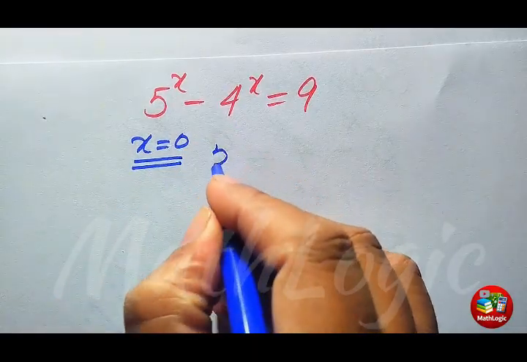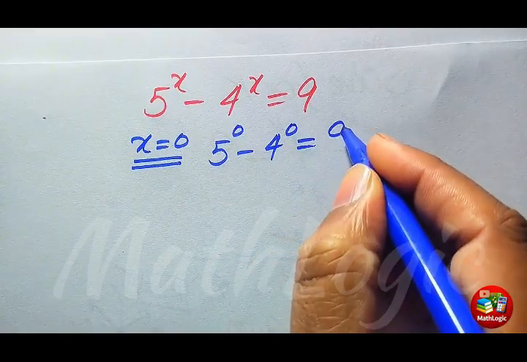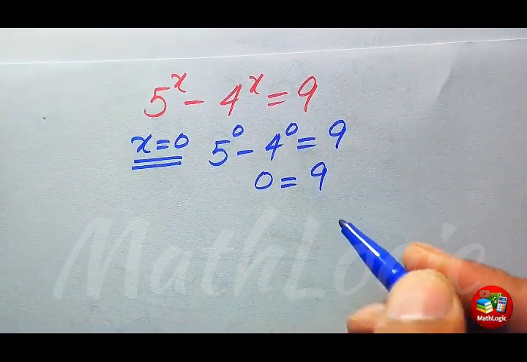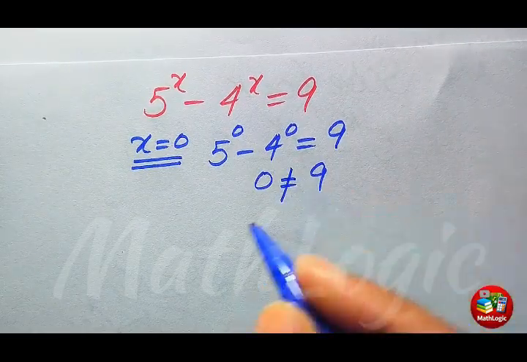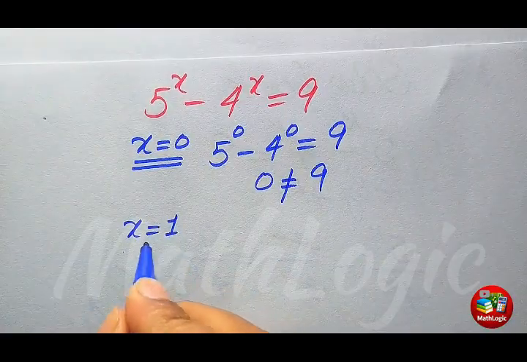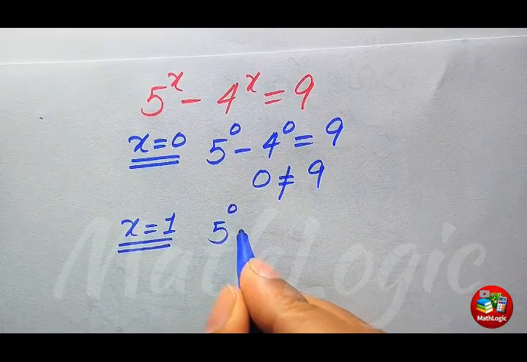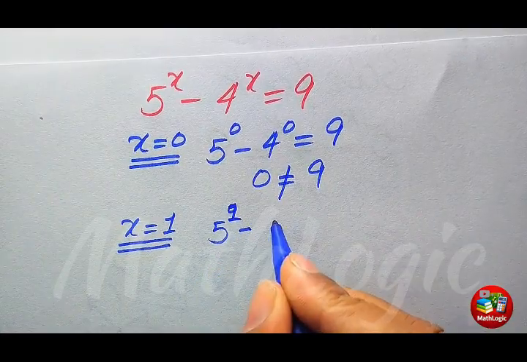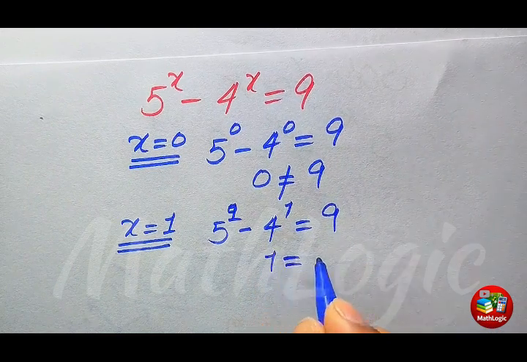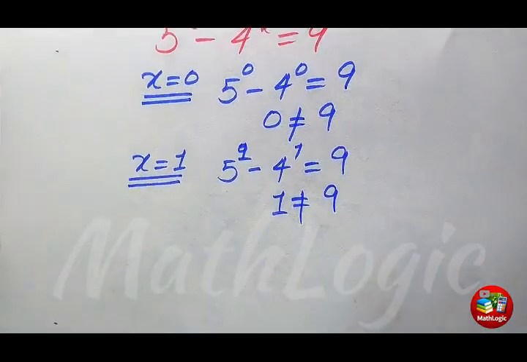When you put it here, it becomes 5 to the power of 0 minus 4 to the power of 0 equals 9, and you clearly get 0 equals 9. So this is not possible, which means x equals 0 does not satisfy the given equation. Now we choose x equals 1. When you put it here, it becomes 5 to the power of 1 minus 4 to the power of 1 equals 9, and this becomes 1 equals 9. So this is again not possible.